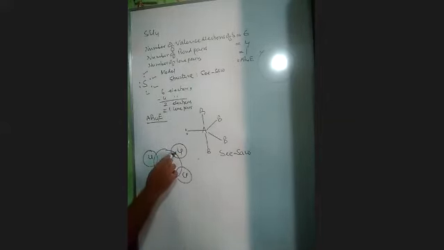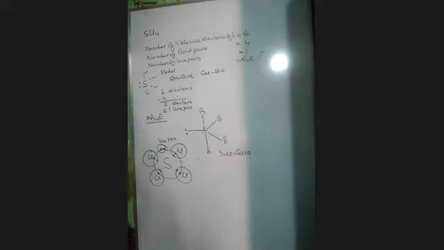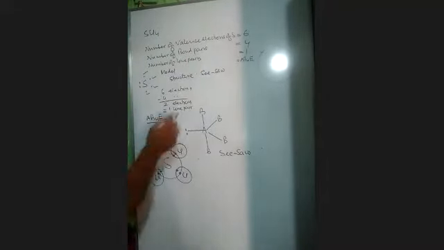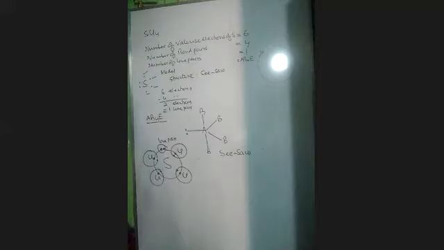This is one pair. This is another pair. Another pair. And this is the fourth. Sulfur has how many electrons? 6. So 1, 2, 3, 4. And this is the lone pair. It did not take part in bonding. How many bond pairs do you have? 1, 2, 3, 4. So 4. Number of lone pairs? 1. Understood? Yes, sir.